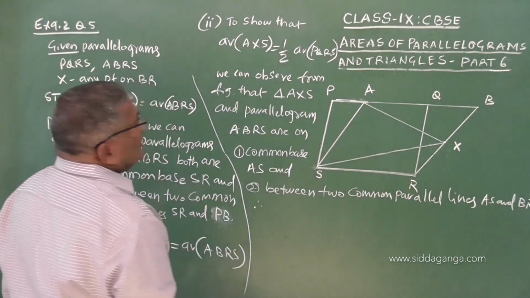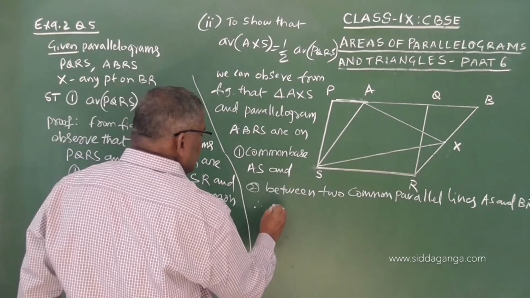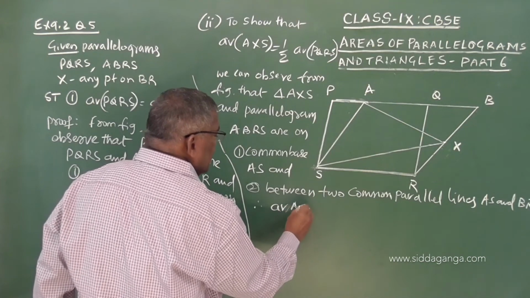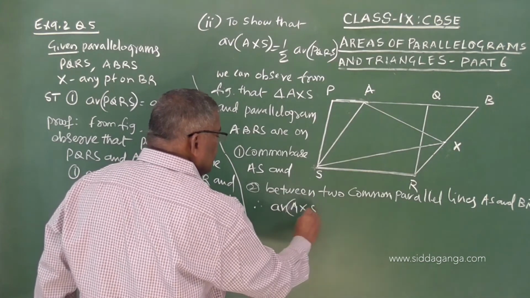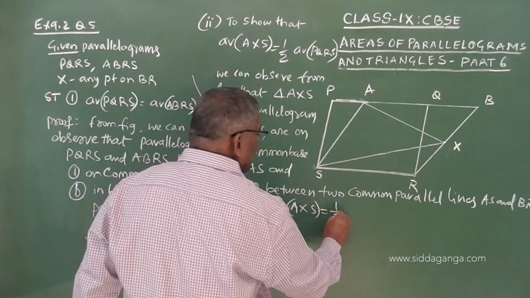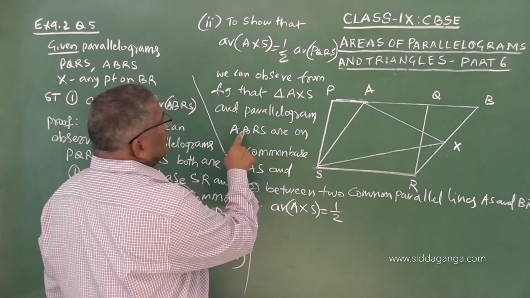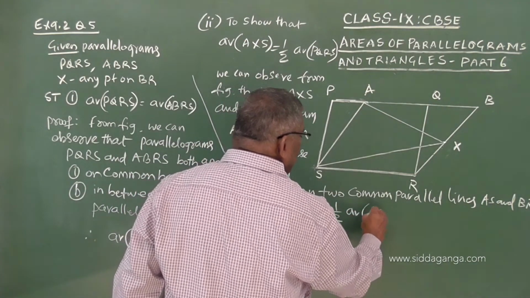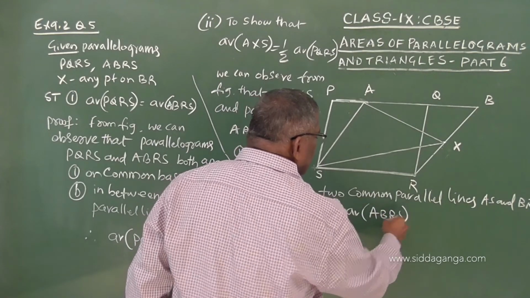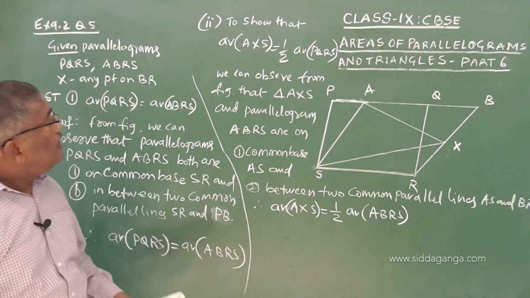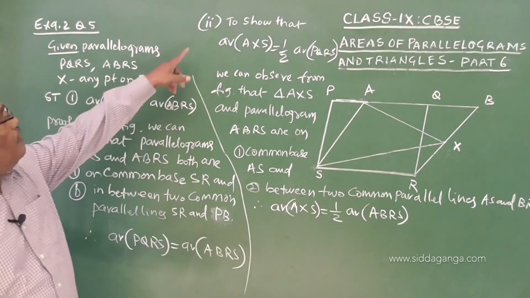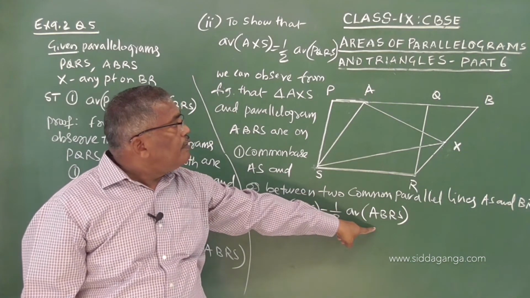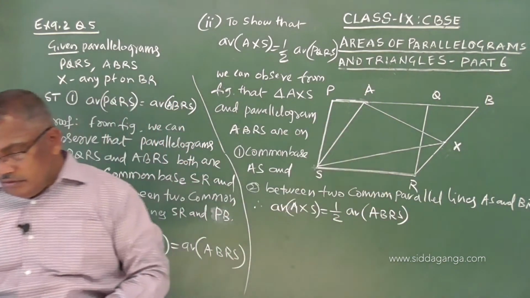the area of the triangle AXS will be equal to half of the area of parallelogram ABRS. And in sub question 1, we have proved that ABRS is equal to PQRS.